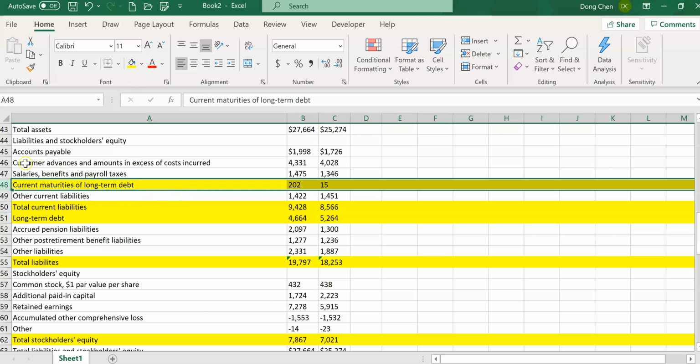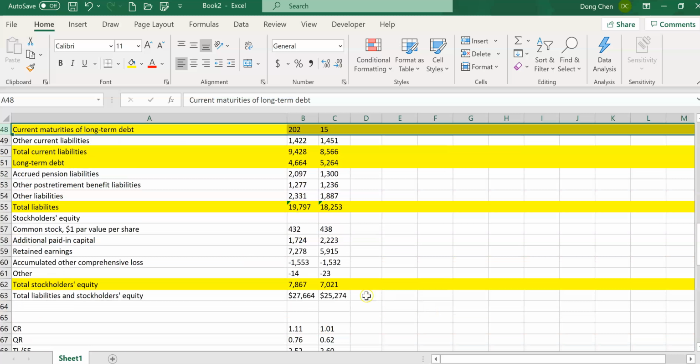And I guess these are the only two items we should include in the numerator, because salaries and customer advances and accounts payable and probably other current liabilities are not interest bearing. So we should not include them. The long-term debt is right here.